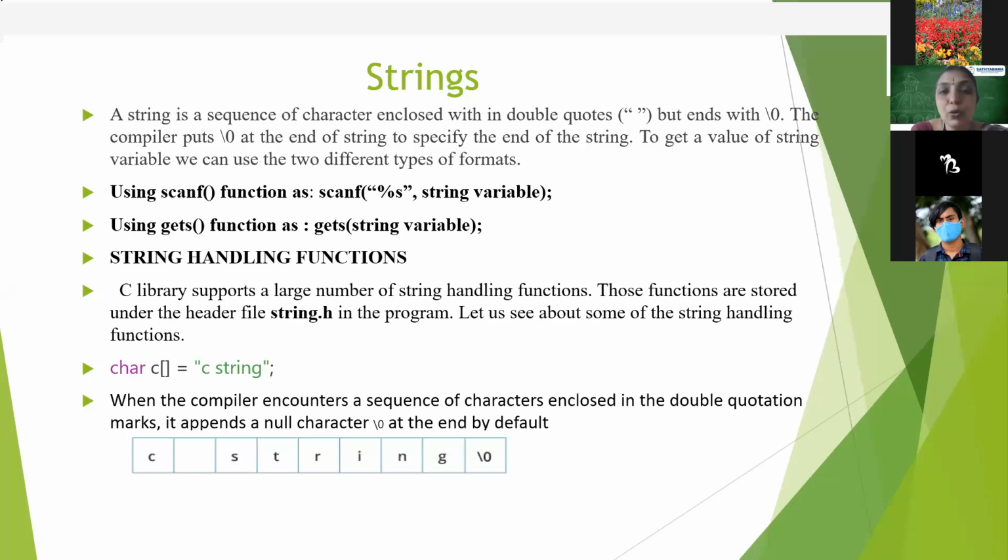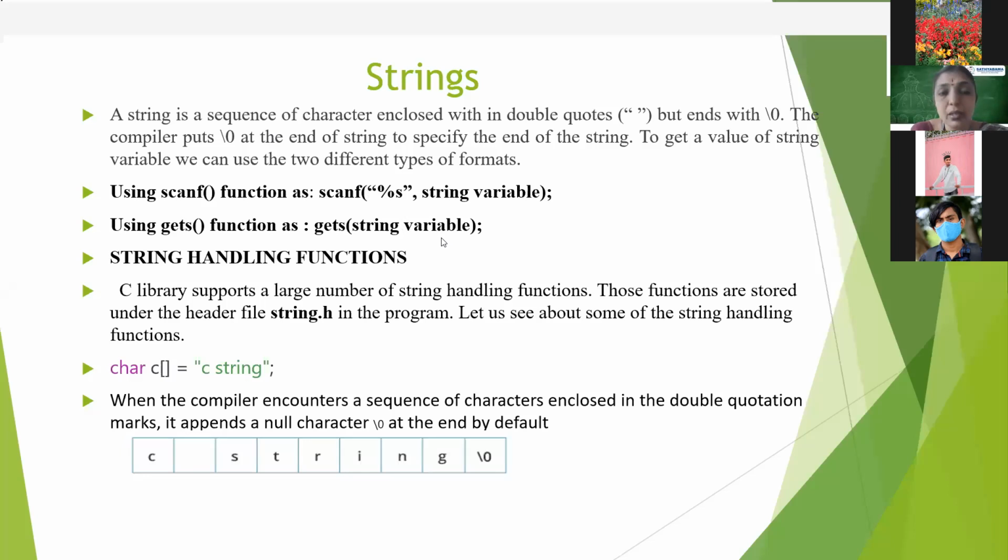So in order to indicate that no other character after it needs to be read or written. Now what are the ways I told? You can use the scanf function, percentage s, comma, string variable. Just as we use the format specifier for integers as %d, similarly here we use %s.